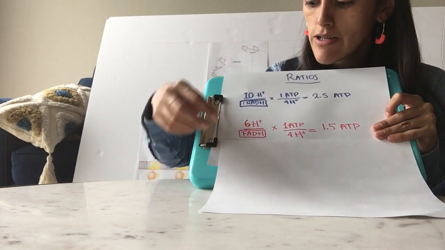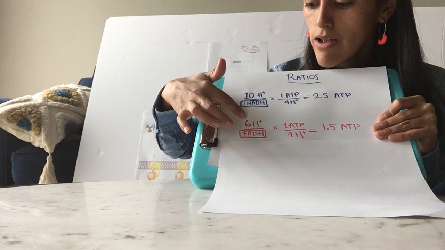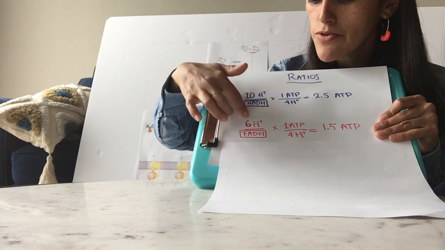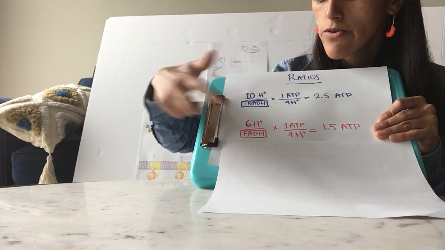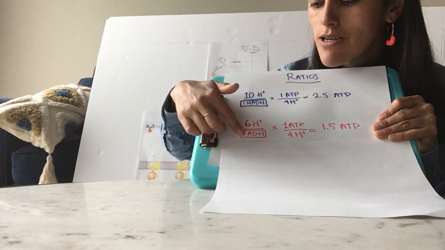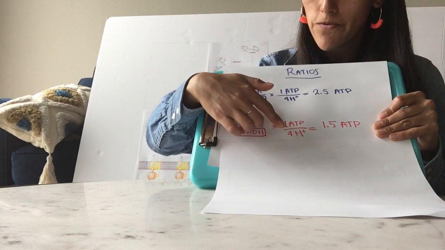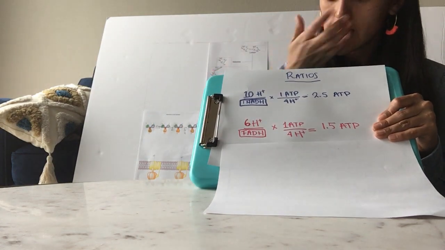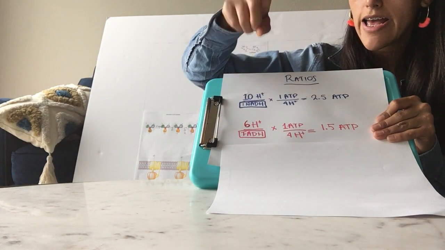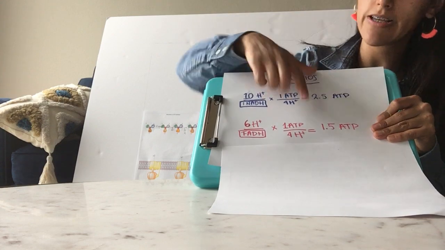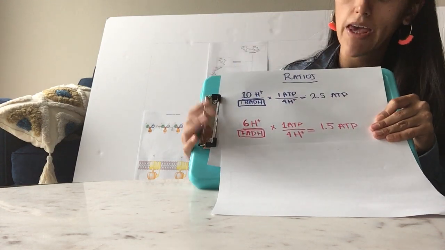On the other hand, 6 protons are needed for one FADH, and with the same ratio for ATP and hydrogen ions, one FADH would give us 1.5 ATP.